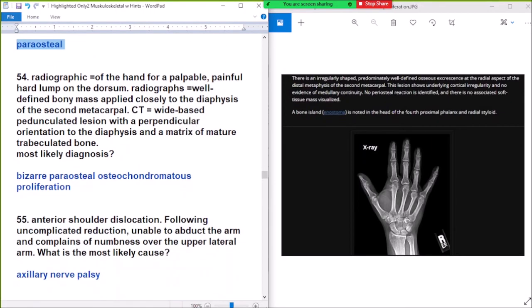Question 54. Radiograph of the hand for a palpable, painful, hard lump on the dorsum. Radiograph shows a well-defined bony mass applied closely to the diaphysis of the second metacarpal, with a broad base, perpendicular to the diaphysis, and a mixture of mature trabeculated bone. Most likely diagnosis: bizarre parosteal osteochondromatous proliferation.